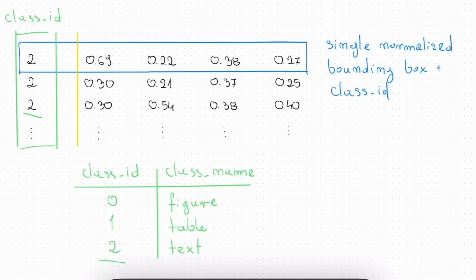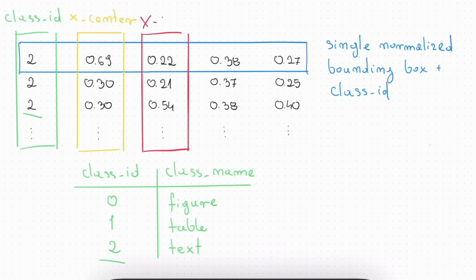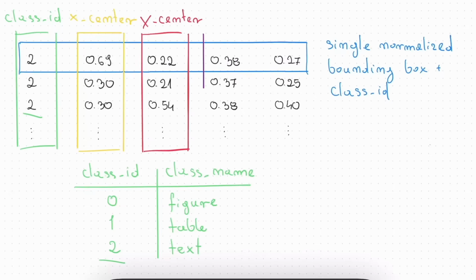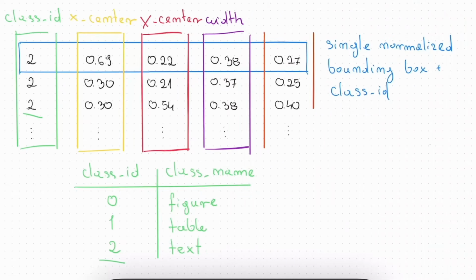Now we have 4 more columns, from left to right. Those are x center, y center, width, and height of the bounding box. It's a little bit weird that we use x center and y center to define the position of the bounding box, but this convention probably goes back to the first YOLO model ever, and it just stayed the same through the years.